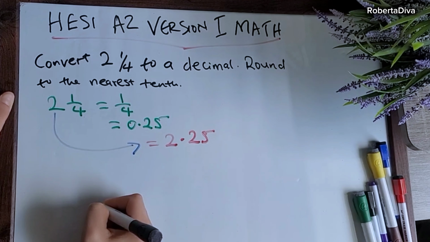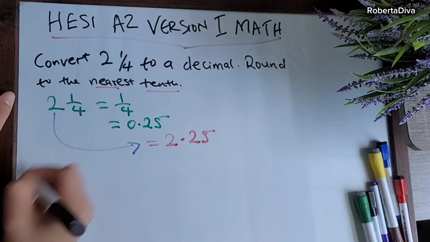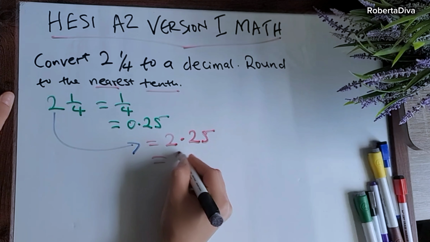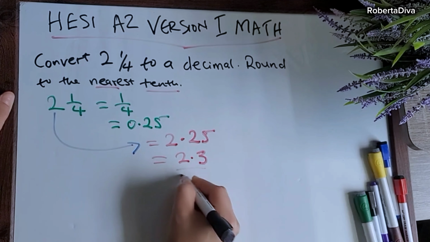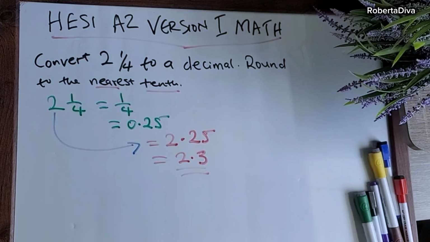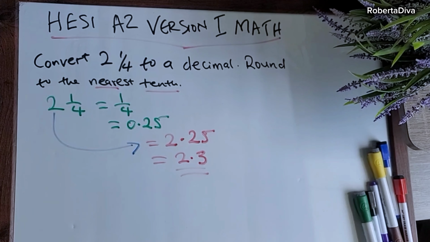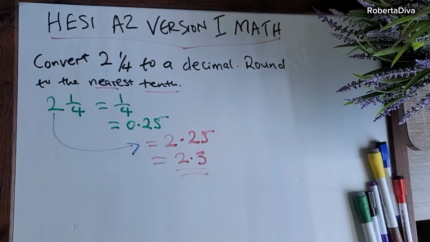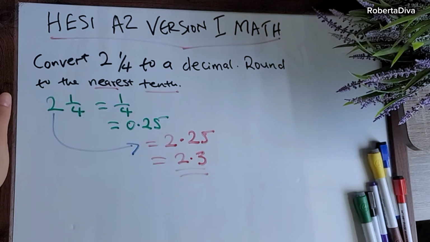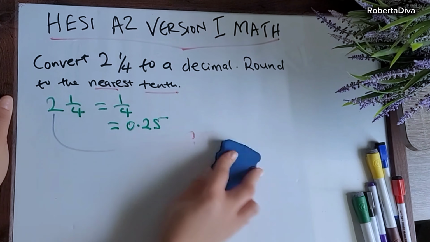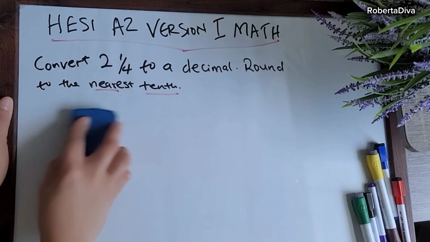And remember, the question says round to the nearest tenth. So the answer is 2.3 because you have to approximate, get 1 from the 5, add to the 2 to give you 2.3. This is the easiest way to solve this particular question.